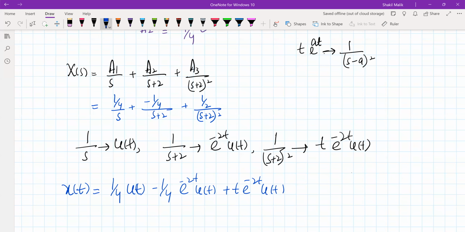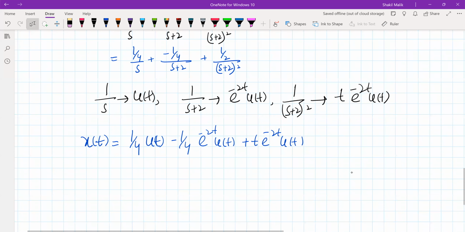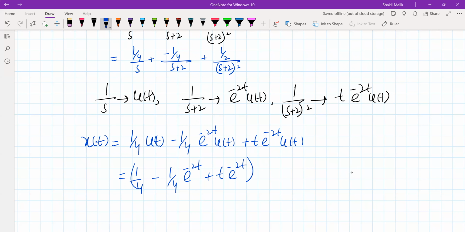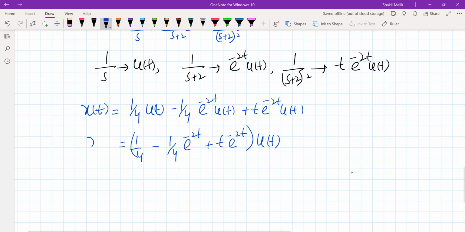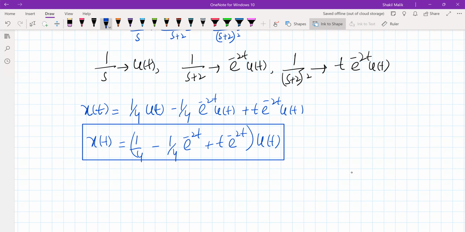Now taking u of t common, we are left with 1 by 4 minus 1 by 4 e to the power of minus 2t plus t e to the power of minus 2t, times u of t. So this is the inverse Laplace transform in this case.